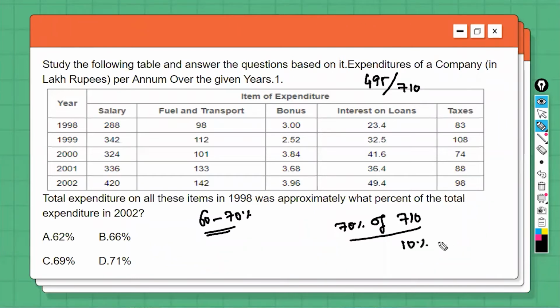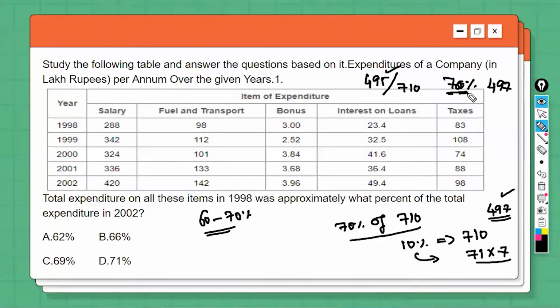What is 10 percent of 710? 71. 71 into 7, we got 497. But the value given is 495. So 70 percent itself is 497. If I put 71 percent, another 7 will be extra. So the answer will be a little bit lesser than 70 percent. So 69 percent should be the right answer for this question.